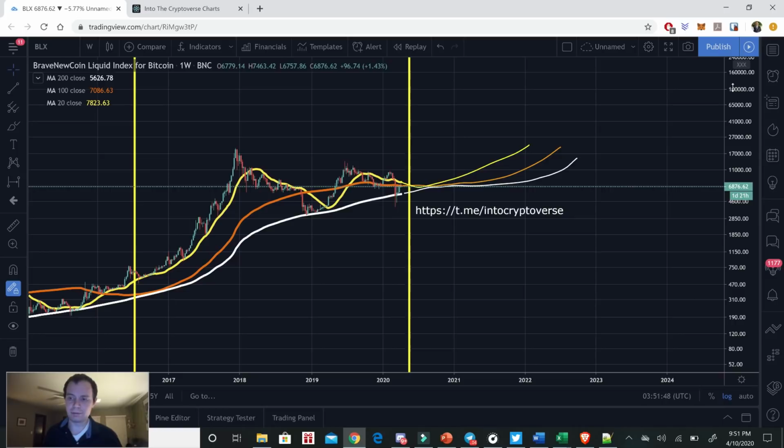So if our target price is, say, $100,000 out in, say, 2023, then the 20 week would obviously need to act as support for several years, and we would then see the price go off the 20 week by a significant percentage, maybe 50% or something, and then go up to that 6-figure benchmark somewhere around that point, and then we would come back down into another bear market, which would coincide with the 2024 halving.